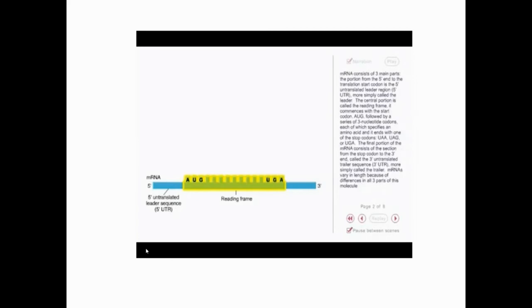The final portion, from the stop codon to the 3' end, is the 3' untranslated trailer sequence, more simply called the trailer. mRNAs vary in length because of differences in all three parts of this molecule.